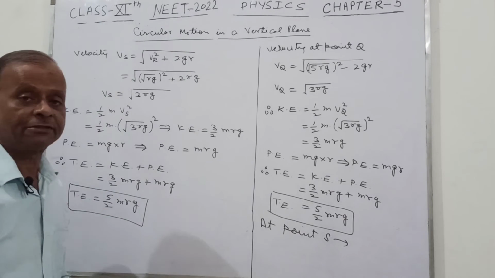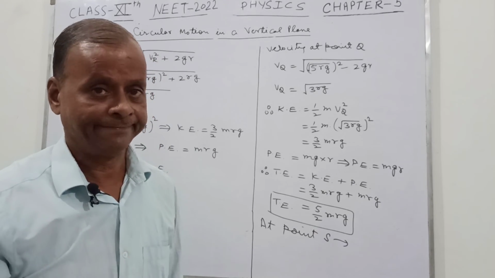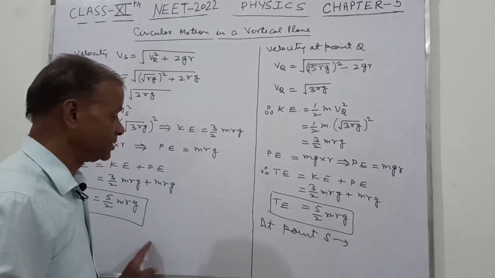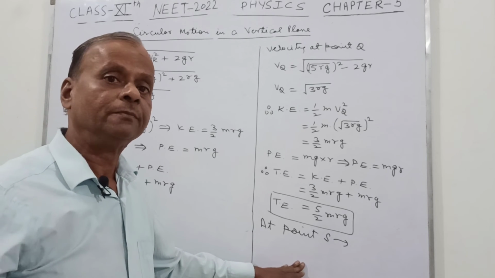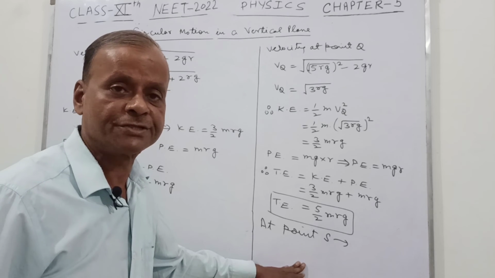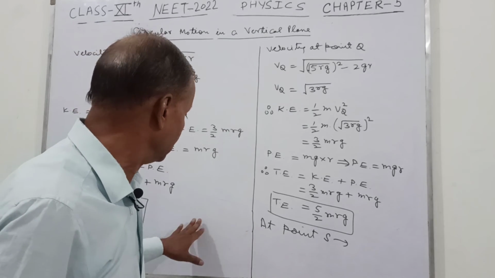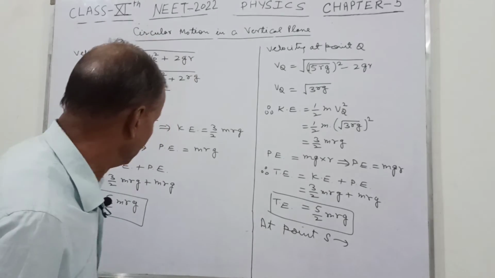So thus we see that when the particle undergoes a vertical circular motion, in that case the total energy remains constant. Though there is a change in kinetic energy and potential energy at different points, the sum of the energies remains the same.